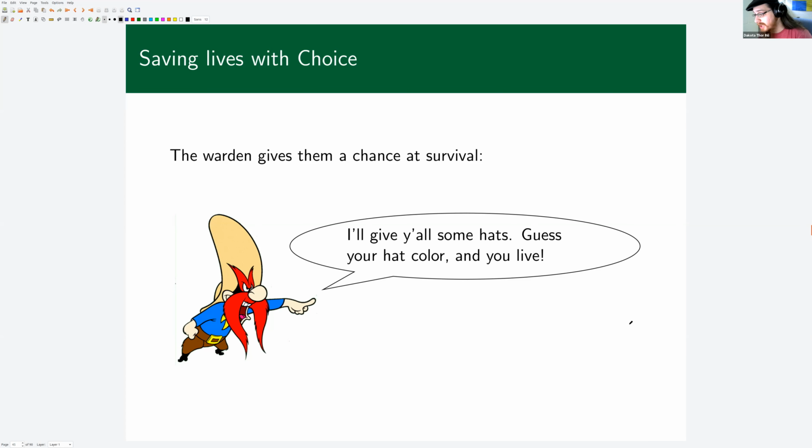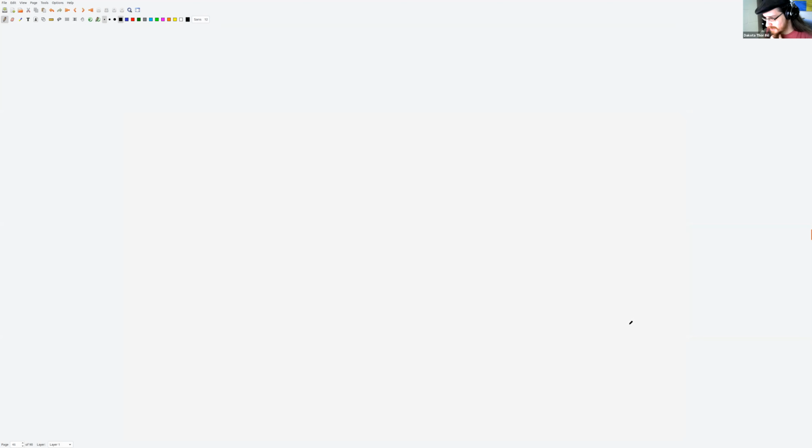I'm going to give all of you a colored hat. And if you correctly guess what color your hat is, I'll let you go. Okay. Yosemite Sam thinks, like half of these people are goners. At least half. But Yosemite Sam forgot to consider that all these prisoners are mathematicians.